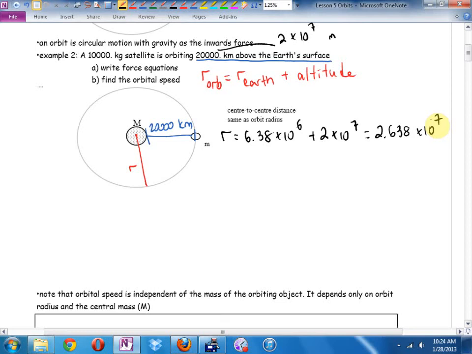What's part A asking me to find? What path is this satellite tracing out? What's pulling it in a circle? Here's your force equation, Fg equals Fc.